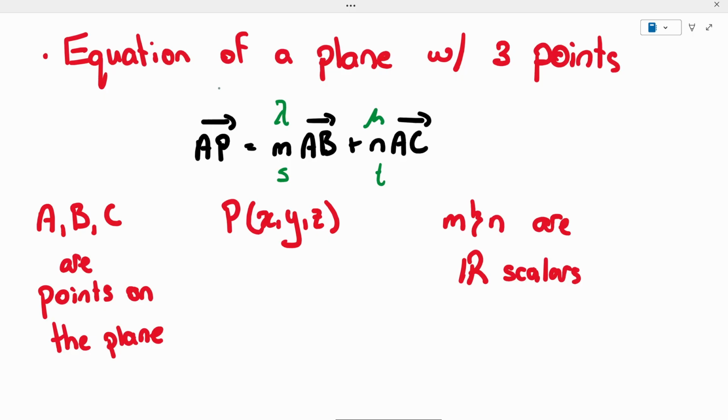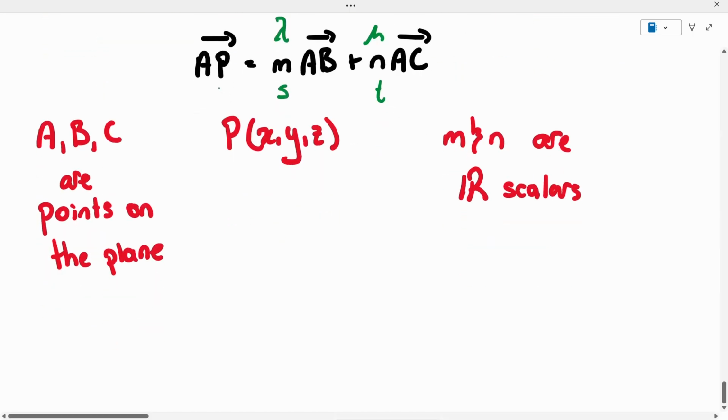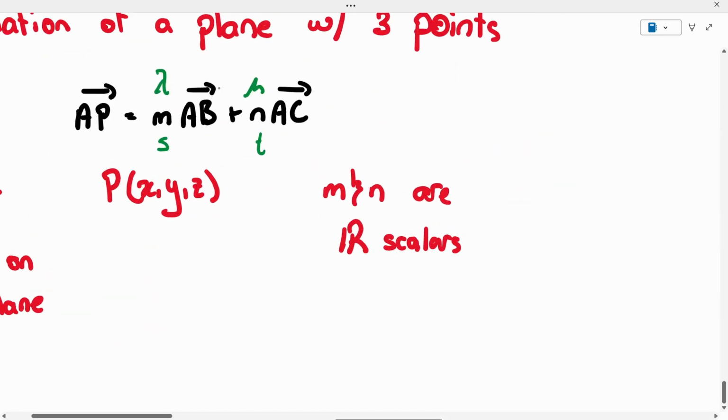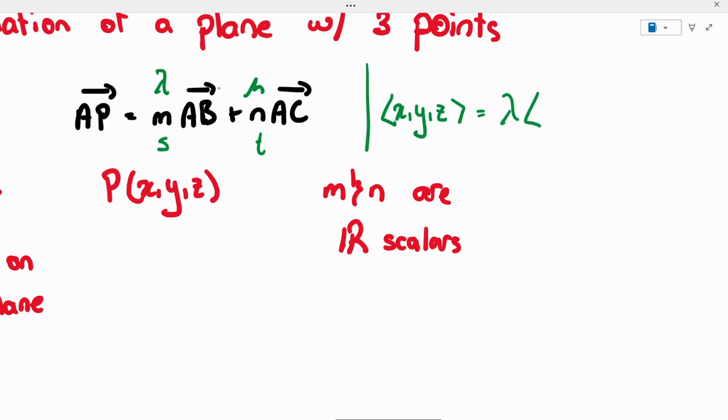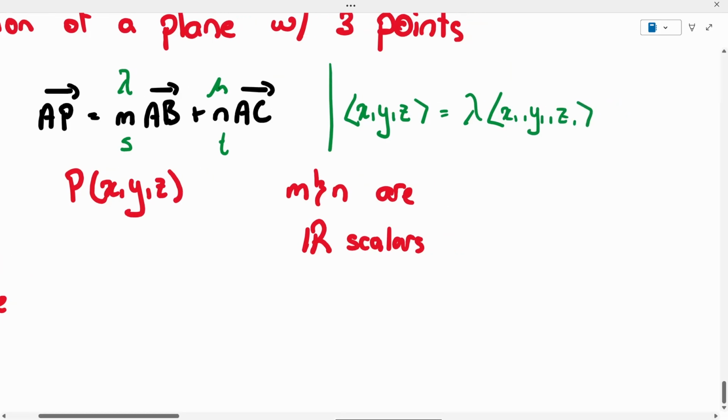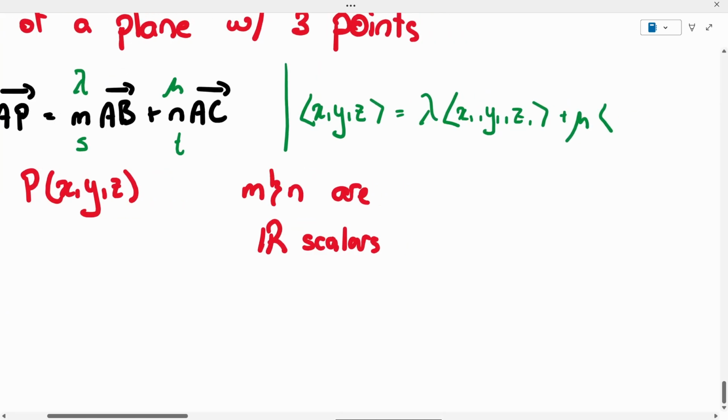So you may actually also see this as, if you expand out the vectors, you might see it as X, Y, Z is equal to lambda X1, Y1, Z1 plus mu X2, Y2, Z2.